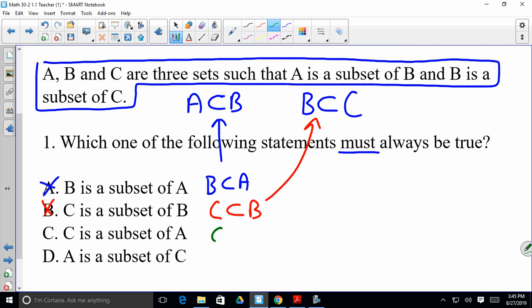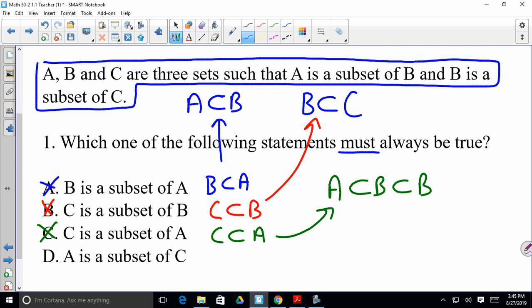Is C a subset of A? Well, look at this. A is a subset of B, B is a subset of C. So I could rewrite this as A is a subset of B, subset of C. So that's wrong. So I'm hoping the answer is D. Is A a subset of... That's supposed to be C, forgive me. Is A a subset of C? Yes.